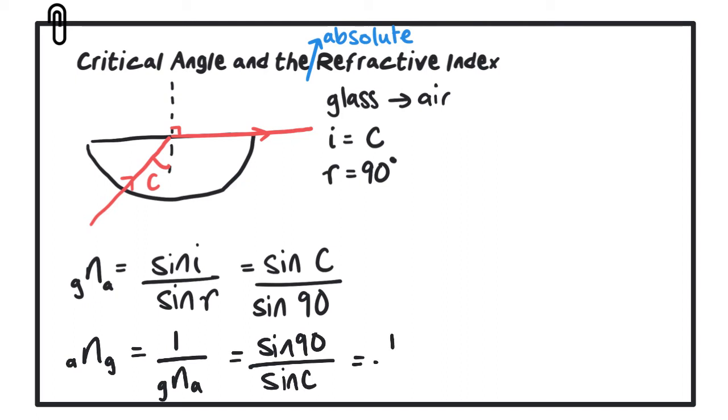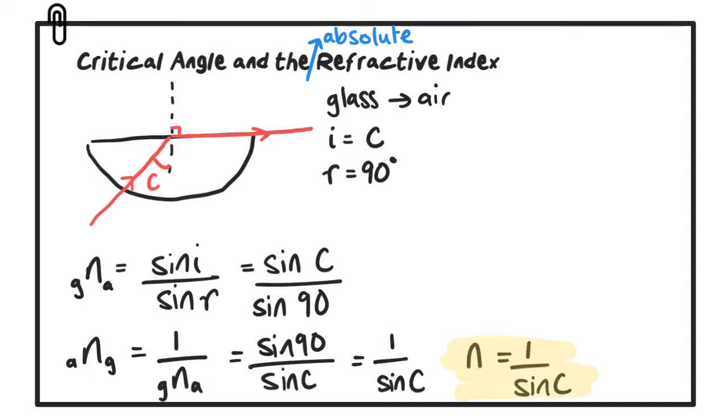So really what we have is 1 over sine C. Now normally when we're talking about the absolute refractive index, we don't put those subscripts on. We normally just write n. So anytime you see the n on its own, we assume that it's the absolute refractive index, in this case going from a vacuum or air into glass. So n is equal to 1 over sine C.